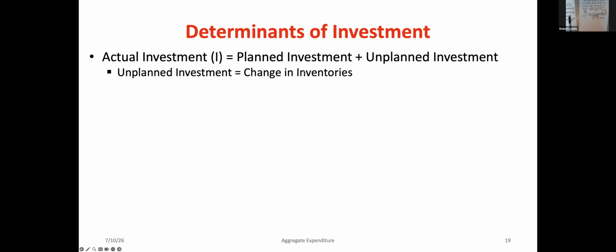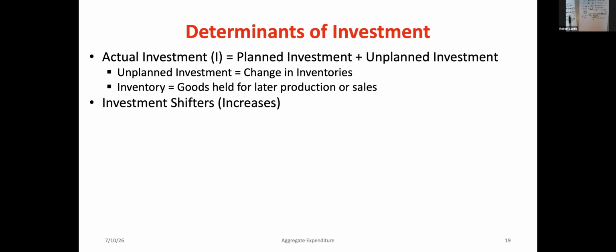If I have more in my inventory, I've actually invested in more products, which would increase my actual investment. The higher the inventory I have, the more I have available to sell in the future, so it's kind of like our price expectations. Even though I'm not currently selling those products, I expect to be able to sell them in the future, and so actual current investment would increase.